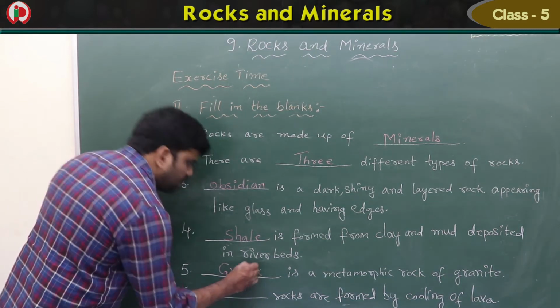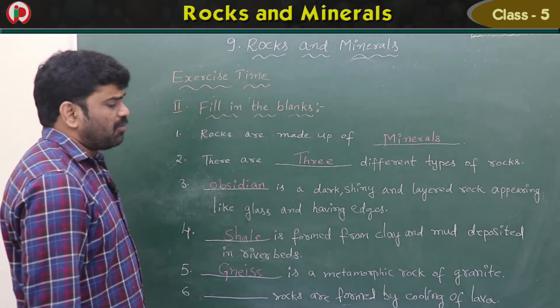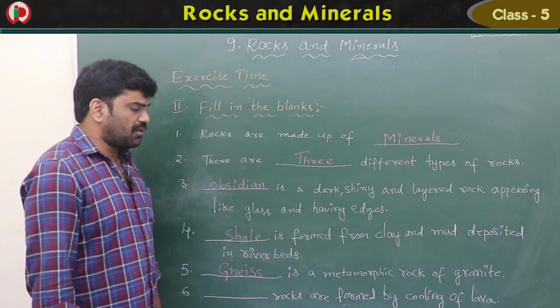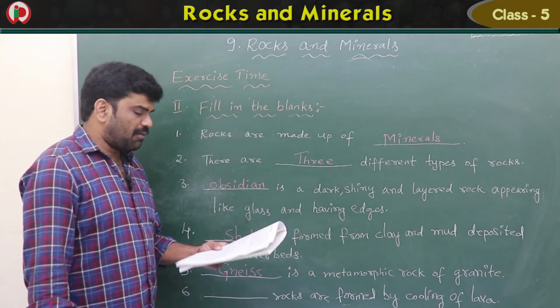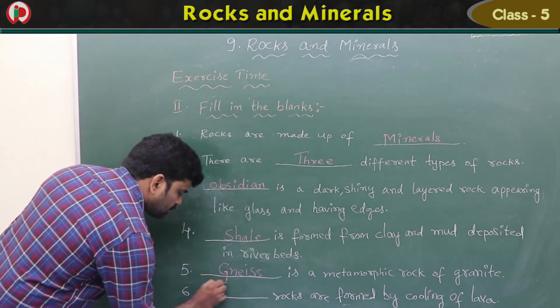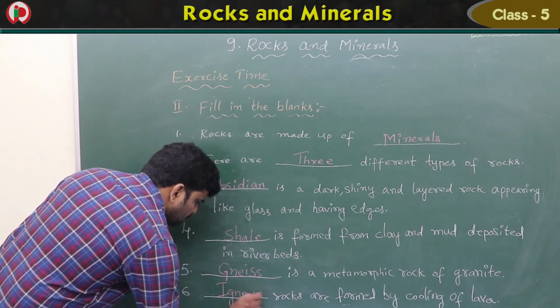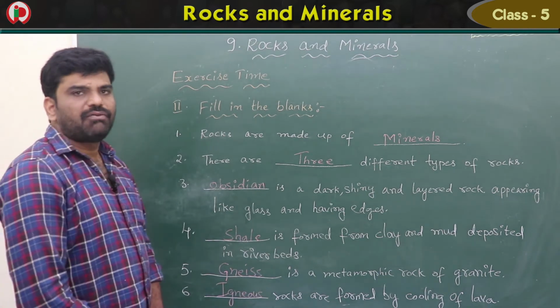G-N-E-I-S-S. Gneiss is a metamorphic rock of granite. Sixth one, dash rocks are formed by cooling of lava, igneous. So igneous rocks are formed by cooling of lava.